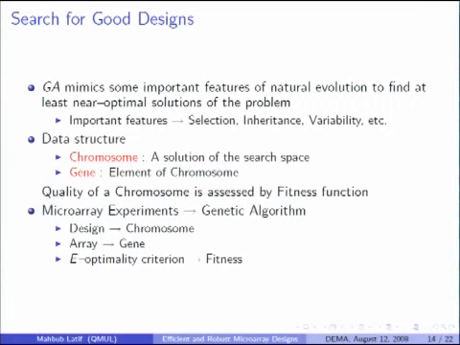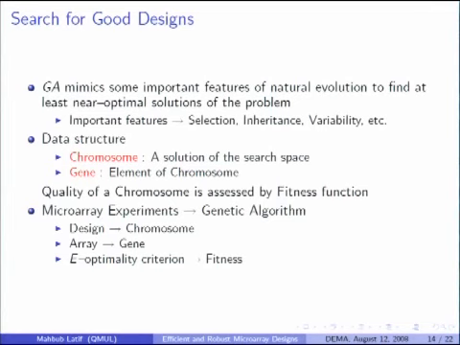The important features which are used as operators of genetic algorithms are selection, inheritance, and variability. Genetic algorithm usually uses a chromosome-like data structure, and each element of the chromosome is called a gene. It's not the real definition of gene. Here you have a data structure and different elements, the chromosome elements are genes.